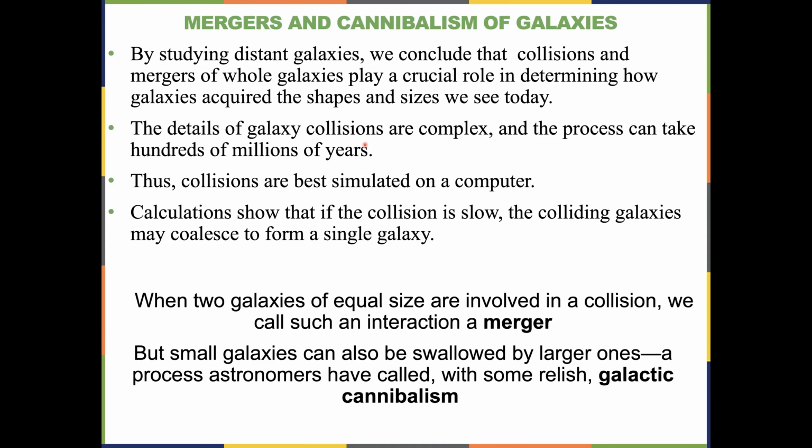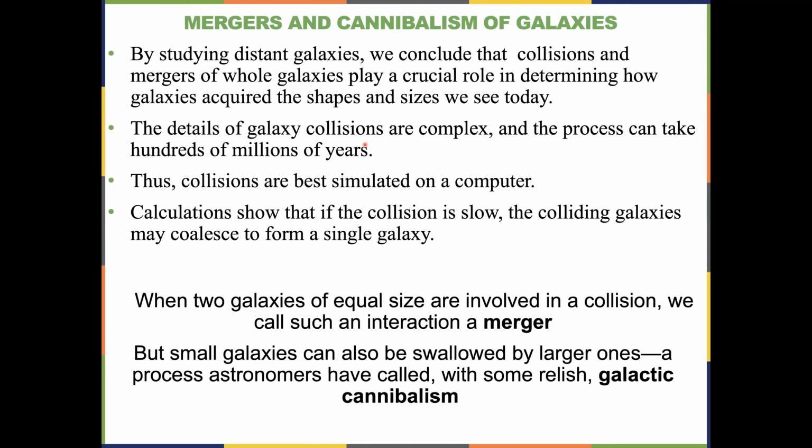You cannot observe two galaxies colliding with each other, right? But you can see the evidence that they have collided or they are going to collide, right? So that is the only way that we can observe those. Because of that, if you need to look at the complete picture of these collisions between galaxies, you have to simulate these on computers, right?